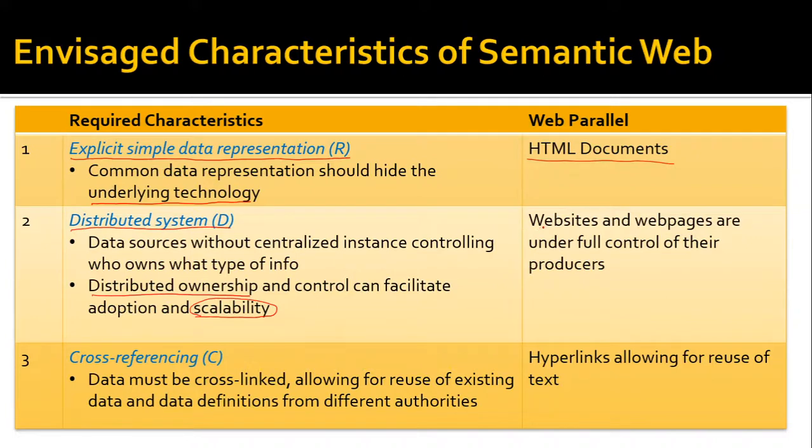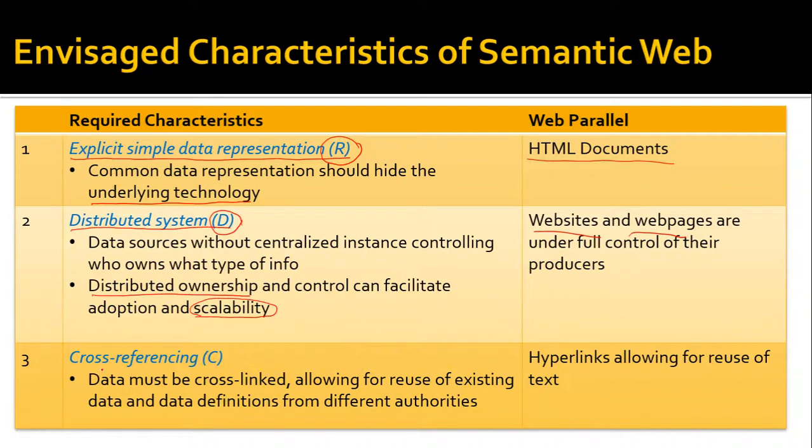In the web, we can create websites and web pages without any central control, and these web pages and websites are under the full control of the content developers or producers, right? So you can see that we have written some letters after each characteristic. R stands for explicit simple data representation. D stands for distributed system. We will use this later while we discuss in more detail what our concrete requirements would be.